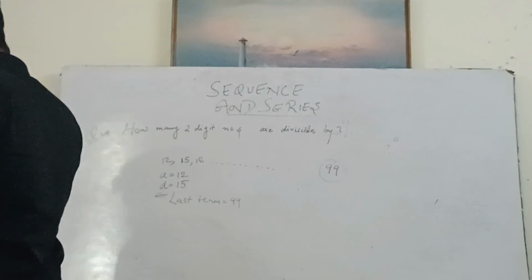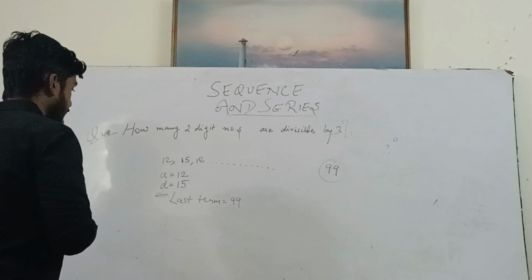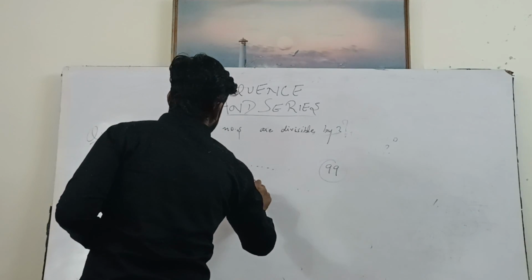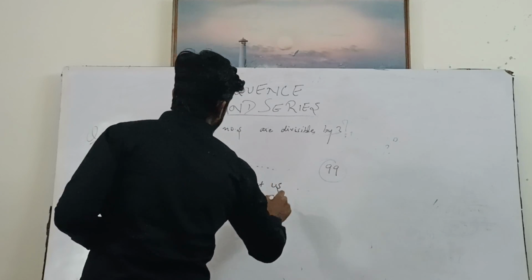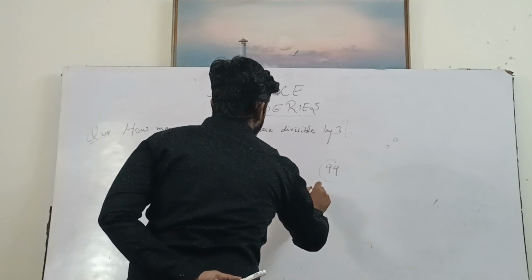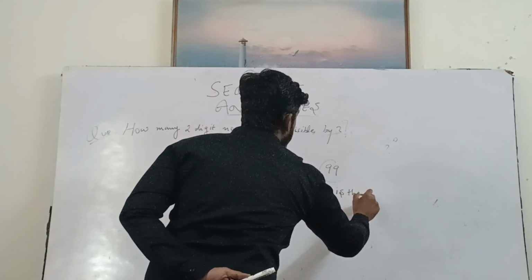Easy, isn't it? So let's again write down the general formula. अब ये जीरो वाला जो क्वेश्चन किया था एकदम ऐसा ही, let us say 99 is the nth term.